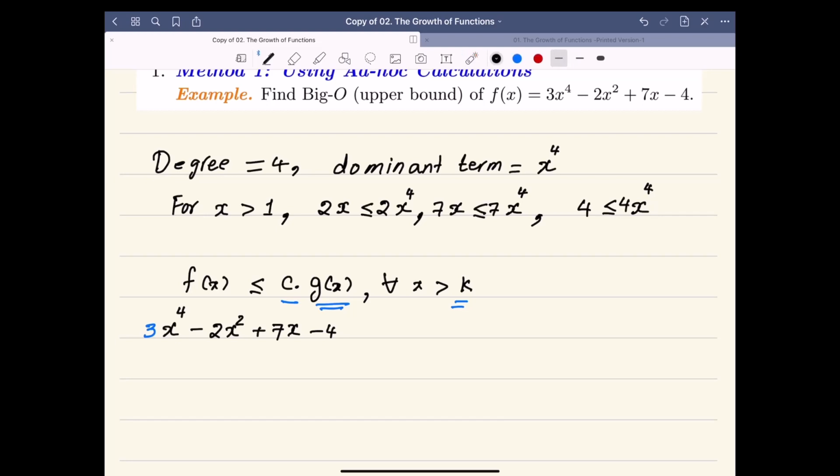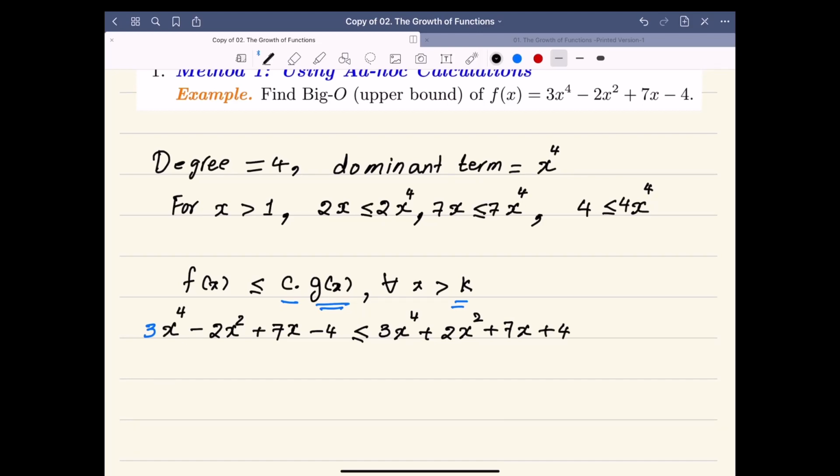So on the right-hand side, I'm going to say that the left-hand side is always less than or equal to, I'm just going to copy the dominant term, which is 3x raised to power 4. And since negative 2 is always less than 2, I'm going to change this term into positive 2x raised to power 2. And 7x is already positive, and minus 4, I'm going to write as plus 4.